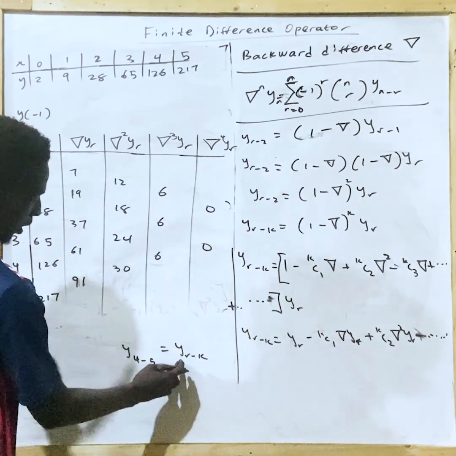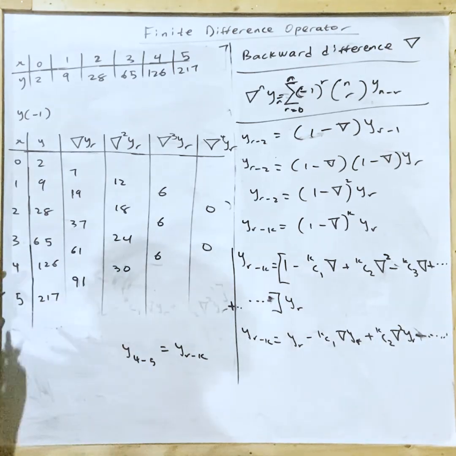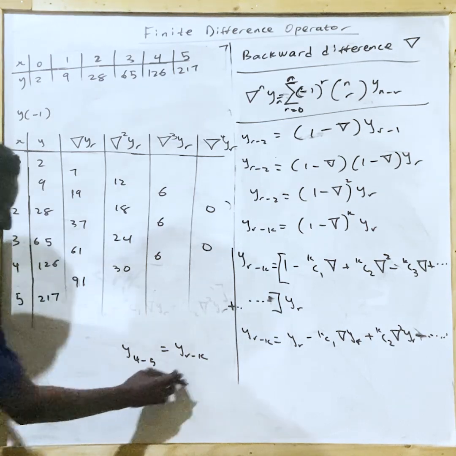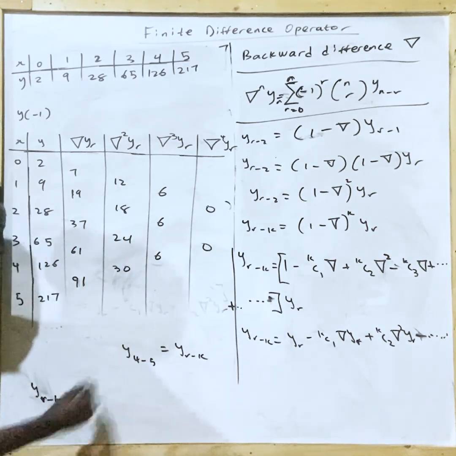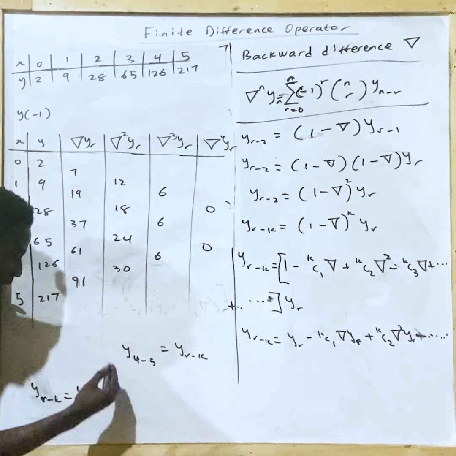That means you need to know y4. In this case, this is my y4, which is 126. So using the formula, y r minus k equals y4 minus k, where k is 5.